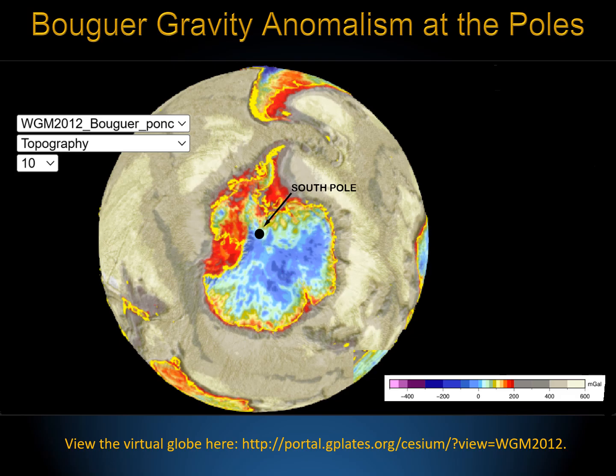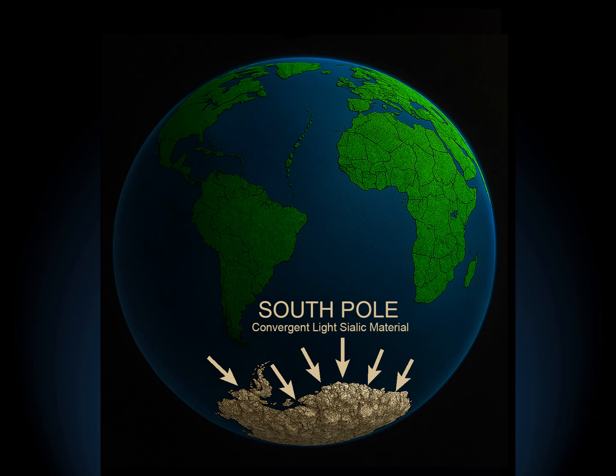At the South Pole, we find a negative gravity anomaly ranging in value from 100 to 200 milligal. And like the North Pole, it is a major geophysical feature covering tens of thousands of square kilometers. Light sialic material converging at the South Pole.